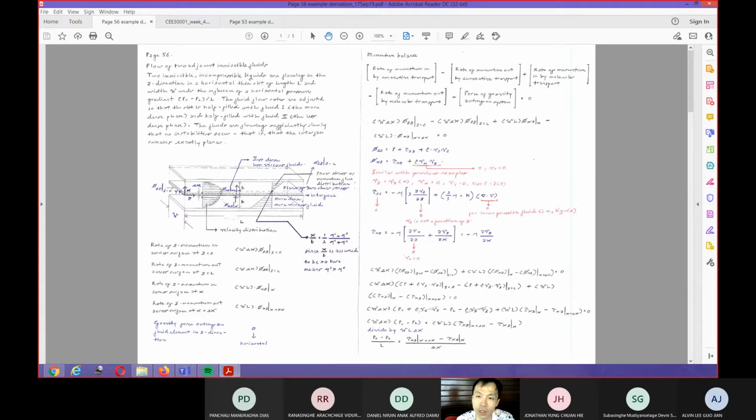If you have an interface between a solid and a liquid, then the velocity of the liquid will be the same as the velocity of the solid it is in contact with. If you have an interface between a liquid and a gas, then the shear stress can be taken equal to 0. If you have an interface between a liquid and a liquid, then the shear stress and the velocity should be continuous.